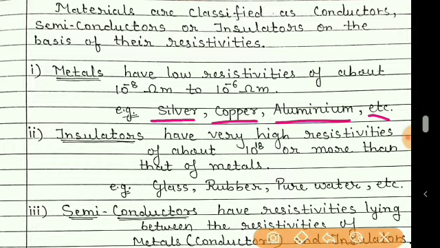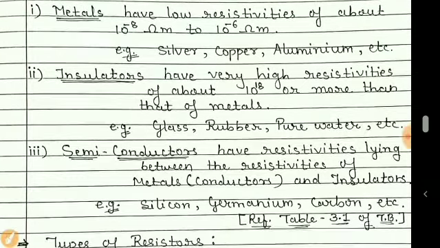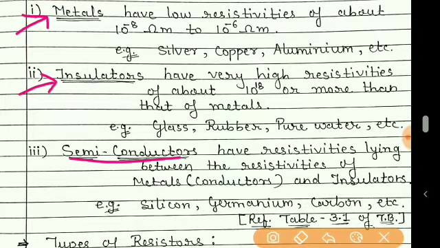Insulators are glass, rubber, even pure water is an insulator. Then the third type is semiconductors. Students, this semiconductor have the resistivity between metals and insulators.